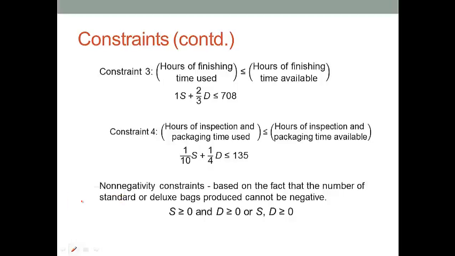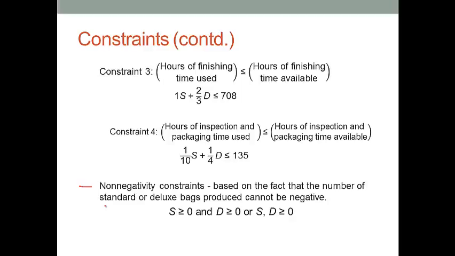We can use the same strategy to establish the constraint equations for the finishing department and the inspection and packaging department. Here we need to pay attention to some implicit constraints. The implicit constraints refer to the constraints that are not mentioned in the analysis requirement. However, the decision variables should have certain requirements from a practical standpoint. In our case, we have two implicit constraints.